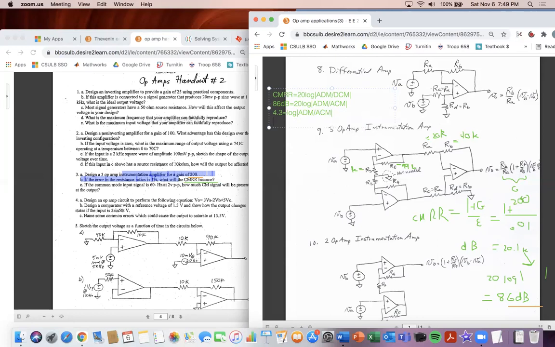Then what you do is you do the base rule. So 10 to the 4.3 is equal to what's in the log, which is ADM divided by ACM. And then now you can plug in what you know.